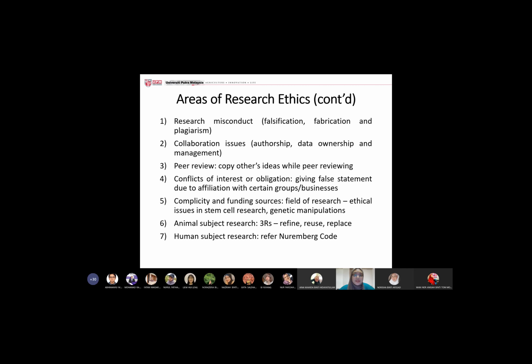Like I said, peer review process: you, or maybe other people doing the peer review, copying the ideas, that is an ethical issue. And then you have conflicts of interest, obligation. This is usually highly dramatized in movies or films, with people bribing.